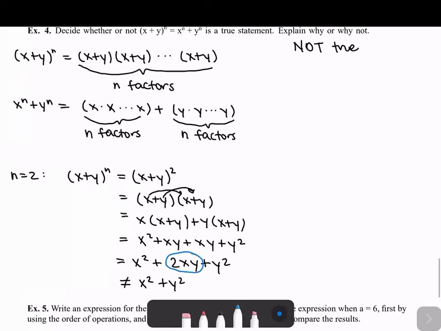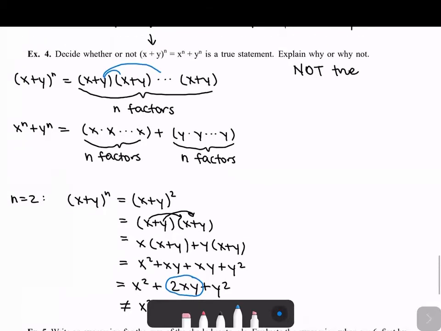So you can see that kind of looking up here. Whenever we have these factors, we're going to have all of these middle summands that aren't x to the n and y to the n that come in the middle here, but with x to the n plus y to the n, that's not the case. So although, right, a lot of times math works really nicely, we cannot distribute exponents, right?